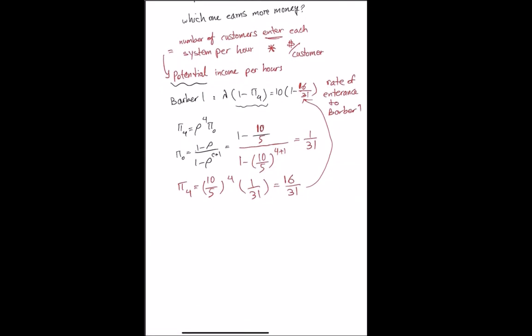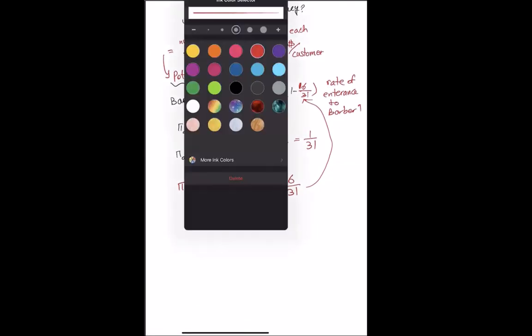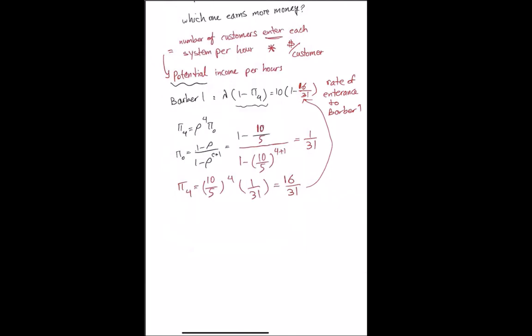And then if I want to find out the potential revenue per hour, I calculate that number, which is lambda multiplied by 1 minus pi 4, by the charge per customer. And here we charge $11 per customer.